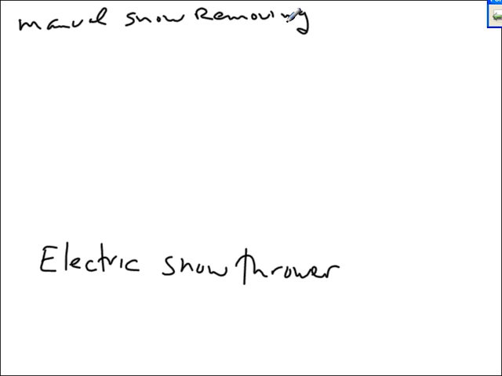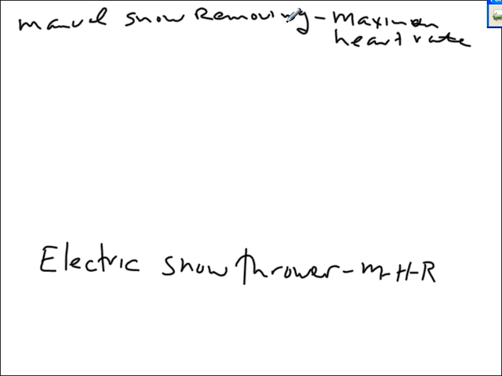One person manually removed the snow, the other had mechanical equipment moving the snow. We had the maximum heart rate, and the sample sizes were both the same: a sample of 10 people.